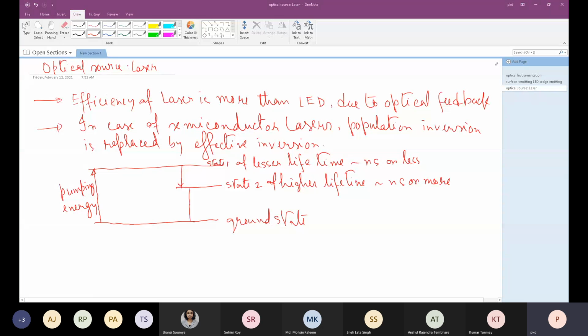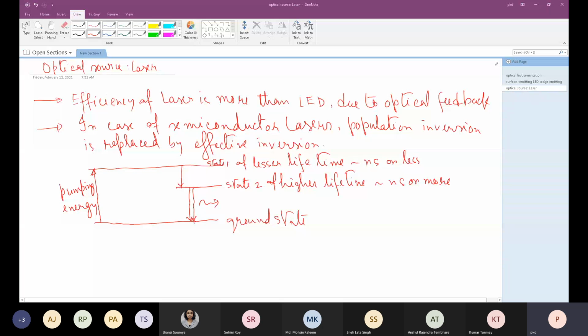So then the population of energetic ions at this state will be higher because it has higher lifetime. So there will be unstimulated emission.